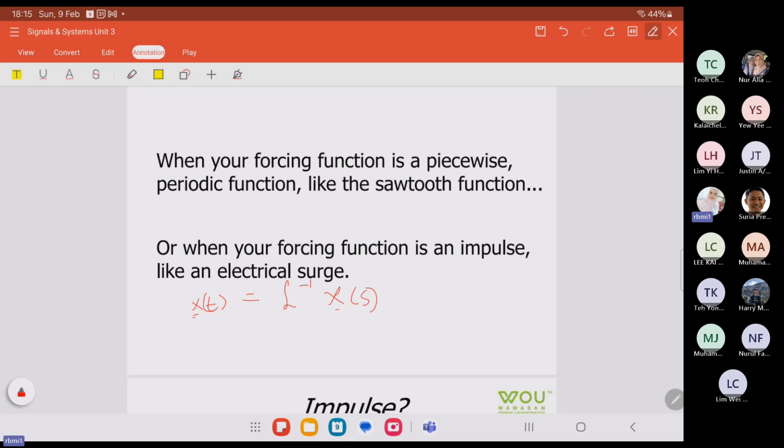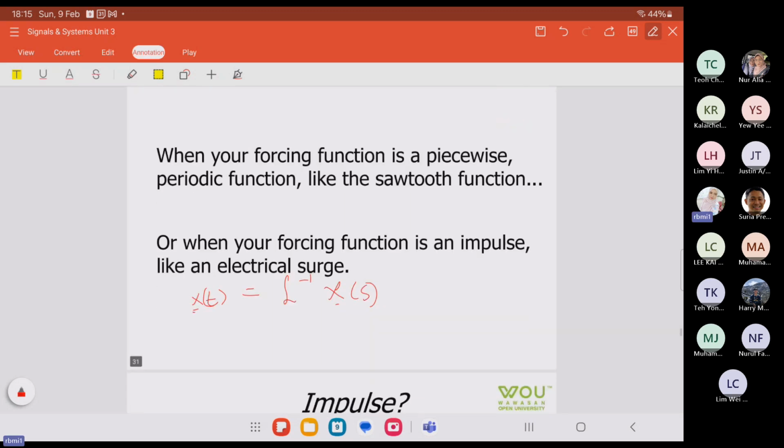From there, for X(s), like previously, we can have the denominator and numerator. This is the most commonly found form of the Laplace transform in engineering. Normally when we solve, we will get two: one on top and one below. It will be the numerator and denominator. We call them the zeros and poles.